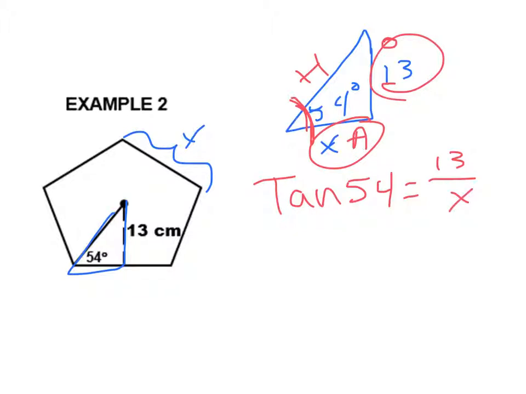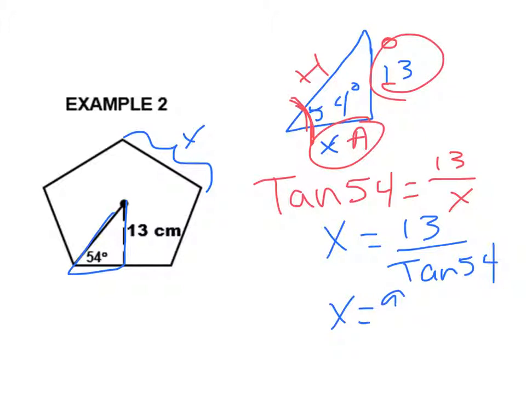We don't know it. If you remember our trick from last week, when we have the tangent of 54 and then our x is on the bottom, we switch these two. So we're going to say x is equal to 13 divided by the tangent of 54. If you put that in your calculator, you get x is equal to 9.445.